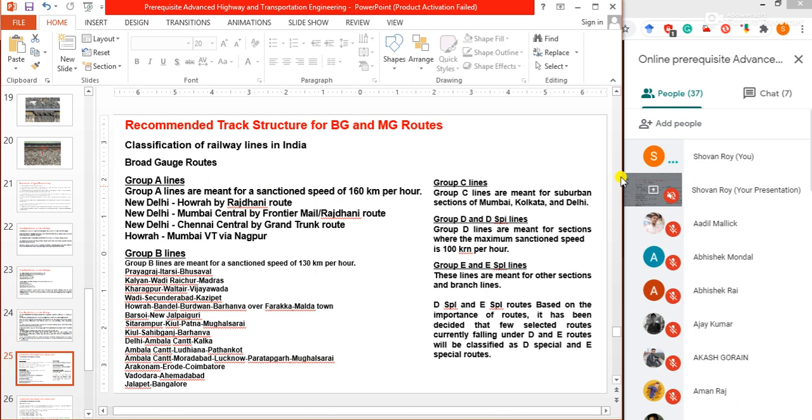Okay. Then Group B lines. Group B lines are meant for a sanctioned speed of 130 km per hour.